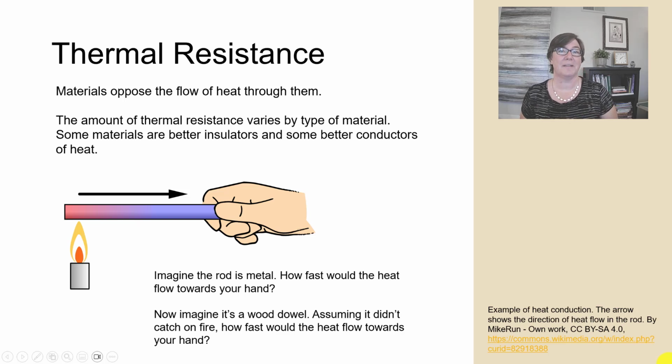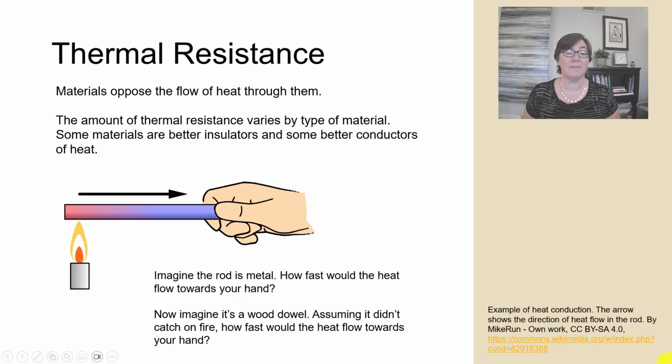Next, let's talk about the concept of thermal resistance. Materials will oppose the flow of heat through them. Right? And that amount of resistance is going to vary by the type of material. Some materials are better insulators, and some are better conductors of heat. So I'm pretty sure you already know this.